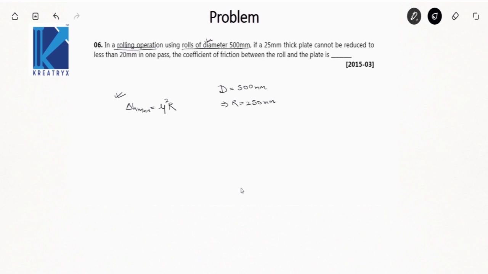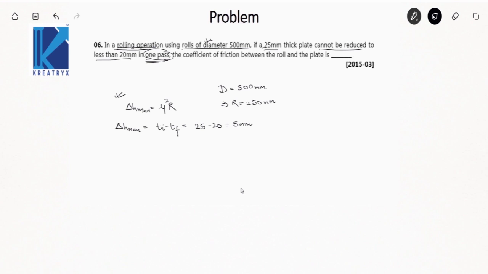Now they are saying that the initial thickness is 25 mm, and that it cannot be reduced to less than 20 mm in one pass. So this is also one important data, one pass. So delta H maximum, which is T initial minus T final, is 25 minus 20, which is 5 mm.